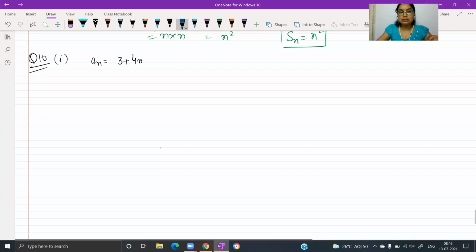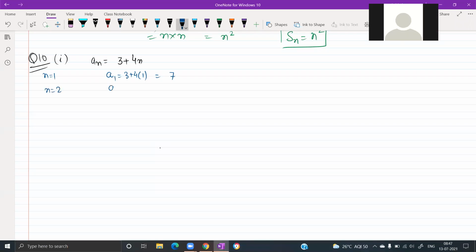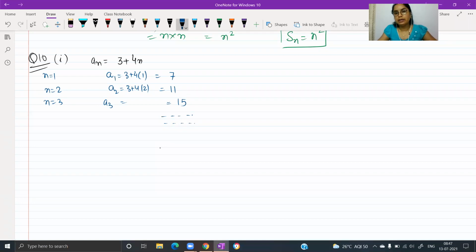So one by one, start using n equals 1. You will get A1 as 7. n equals 2, you get the value 11. n equals 3, 15. So this is how you will have the values for A1, A2, A3.